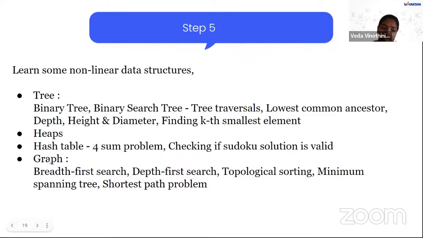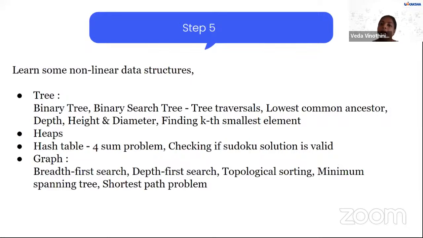And after that, you want to learn about the graph. Inside graph, of course, breadth first search and depth first search, BFS and DFS, topological sorting, minimum spanning tree and shortest path problem. While you are hearing about the shortest path problem, you might have got an idea about the previous slides, right?